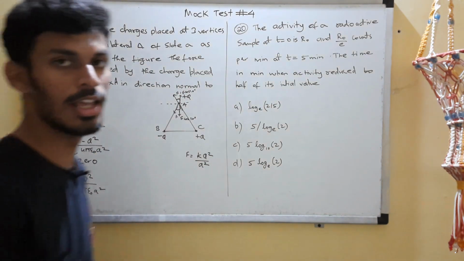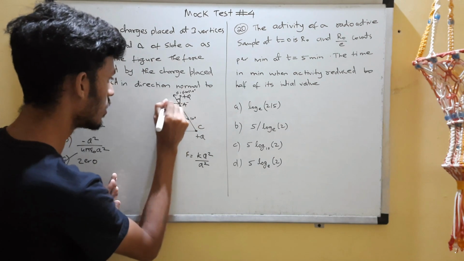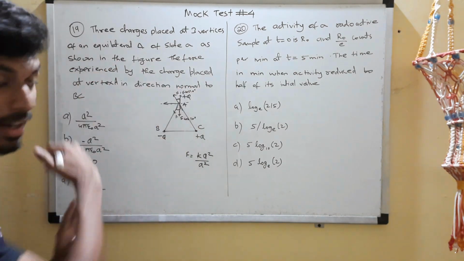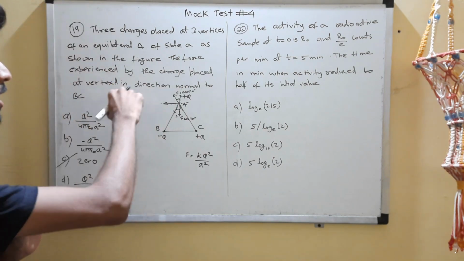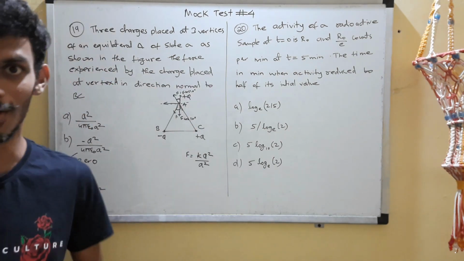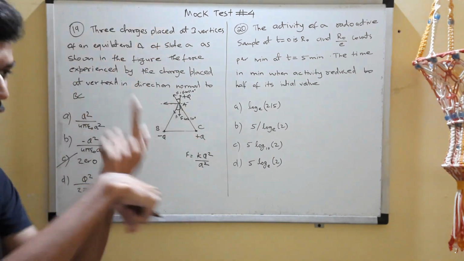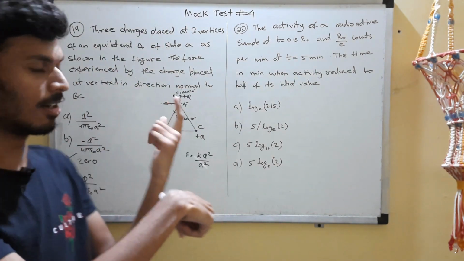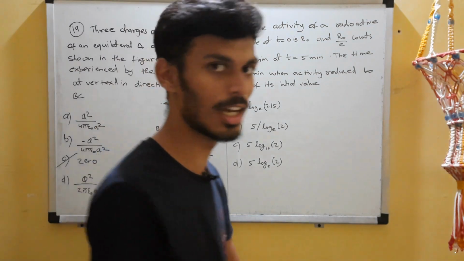Both are equal and opposite forces, so they cancel out each other. Of course, the two components of the forces add here. So the net force on this charge is not 0, but the net force in the direction normal to BC is 0. Remember that. The upward force equals the downward force, they cancel out, and the answer is 0. So option C, 0, is the correct choice over here.